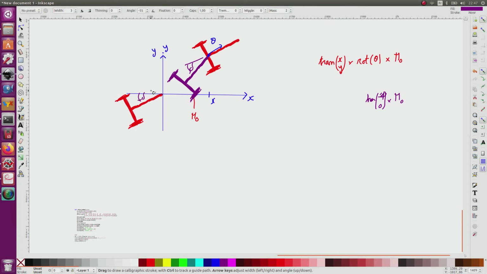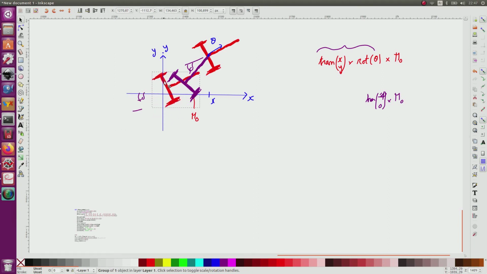Then I will apply exactly the same transformation that I have already applied to the front sledge. So if I do this, I will put this one like this one, and of course like this.